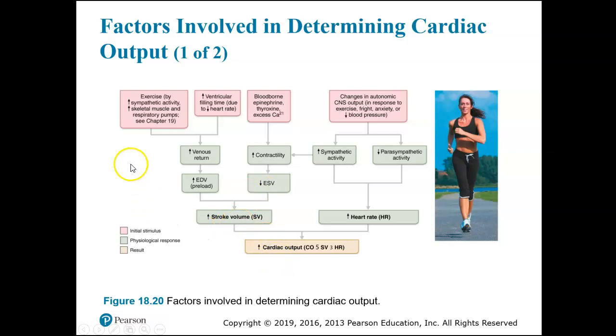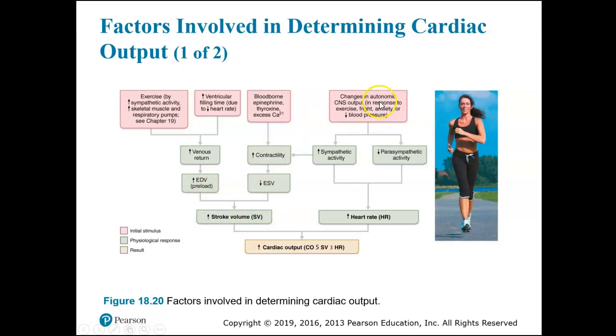So what are some things that can increase stroke volume? Exercise, ventricular filling time due to a decreased heart rate, and the hormone epinephrine or norepinephrine, thyroxine, and excess calcium can increase the contractility of the heart. So these can all increase stroke volume.